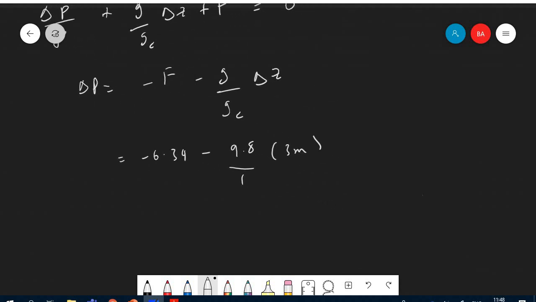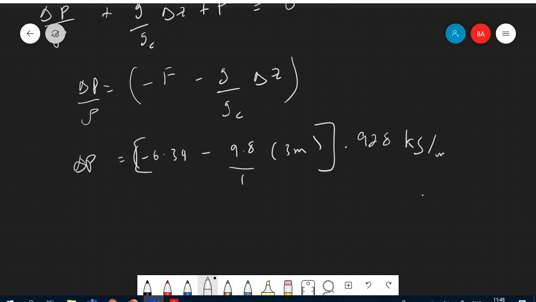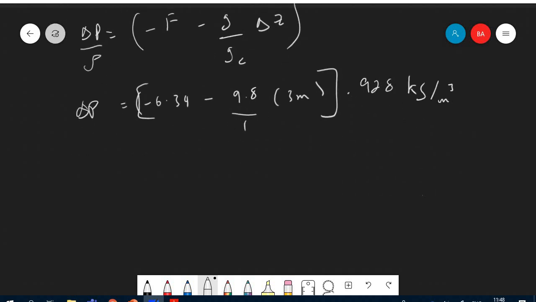So it's a good thing to look at how it looks like. It's about 3 meters. And you multiply that by rho. I forgot to say that this is multiplied by rho because this is delta P over rho. So my delta P is going to be this multiplied by rho, and my rho is 928 kilograms per meter cube.